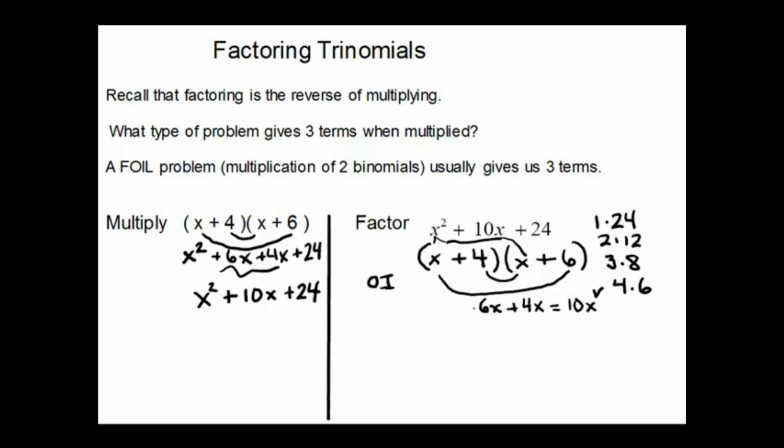It's not necessary to do an entire FOIL because you're very careful about your first terms. You only choose things that give x squared. We're also very careful about the last term, only picking things that multiply to give 24. So it's the middle term that you have to be careful about because you're doing two steps. So I would check with just the outside and inside.